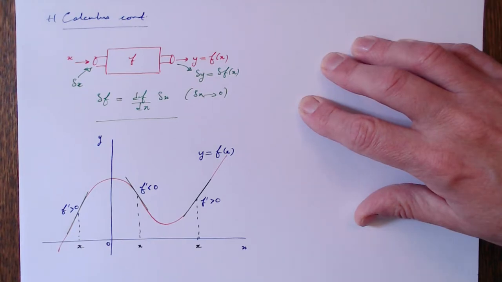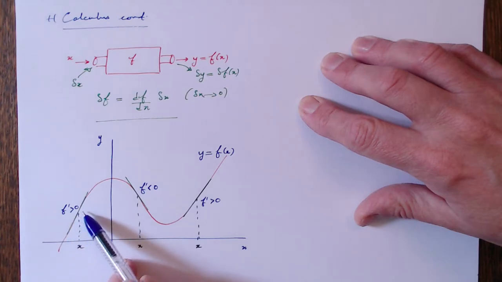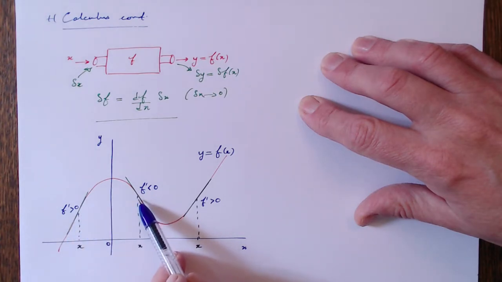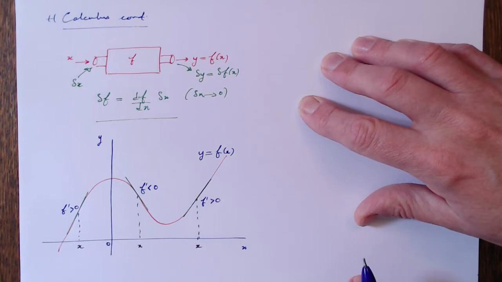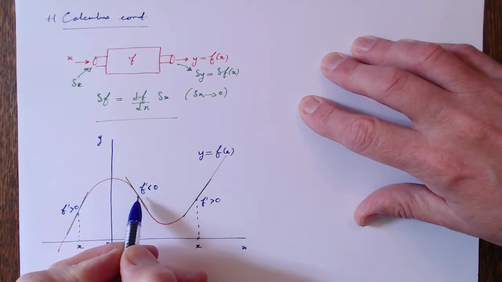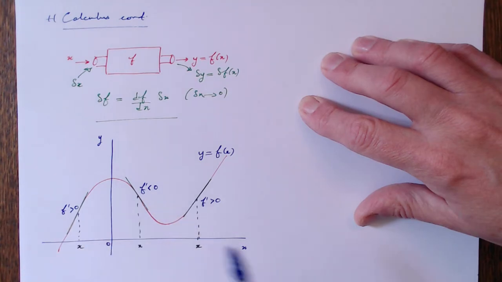We can also use language such as rate of change. We can say that the rate of change of the function here with x is positive, here it's negative, here it's positive again. And all of these forms of language are essentially equivalent and come from thinking about the derivative as relating the change in x around some particular value of x and the corresponding change in y.